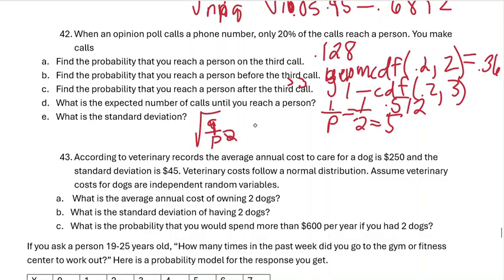Q is, if p is 0.2, q is 0.8. So the square root of 0.8 divided by 0.2 squared. You get 4.47.